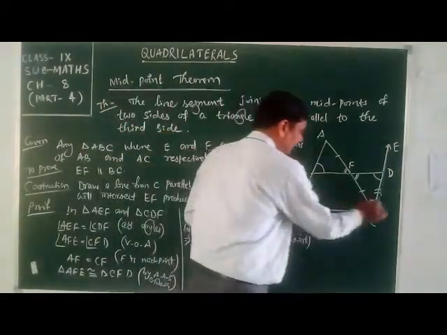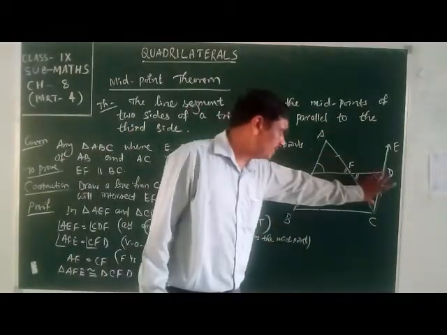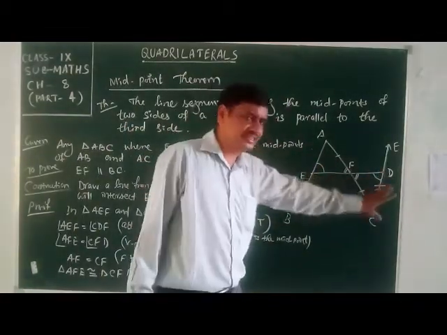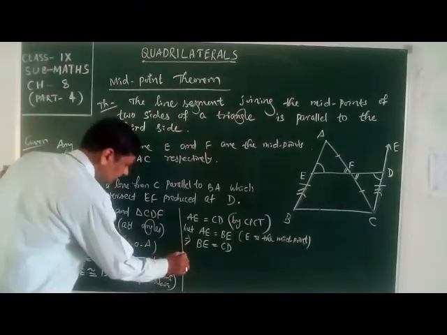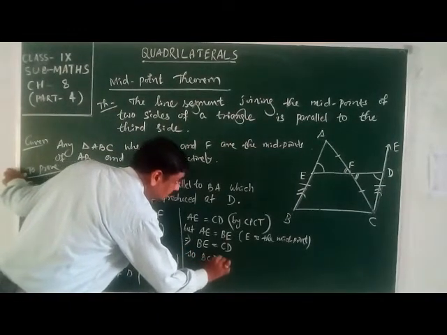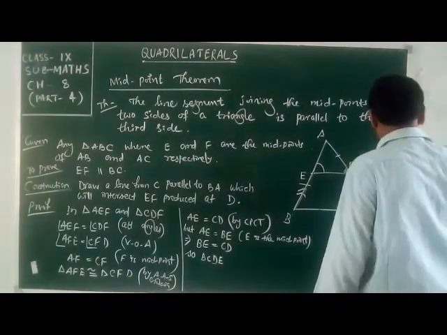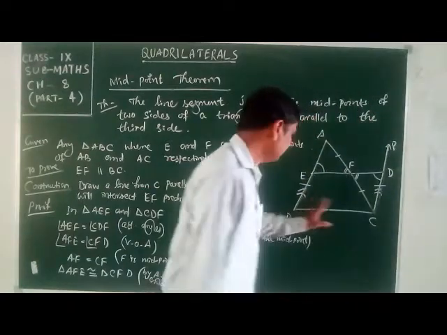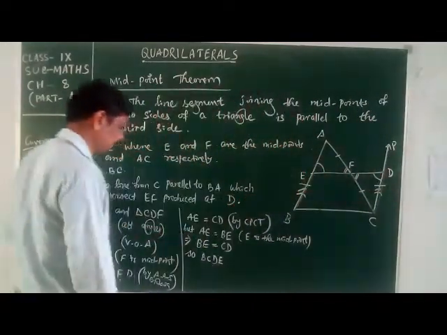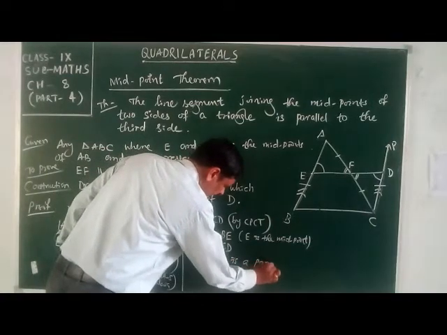Here BE and CD both are equal. Since BE is parallel with CD and BE equals CD, so BCDE is a parallelogram.